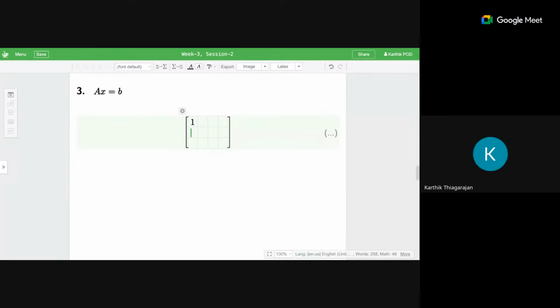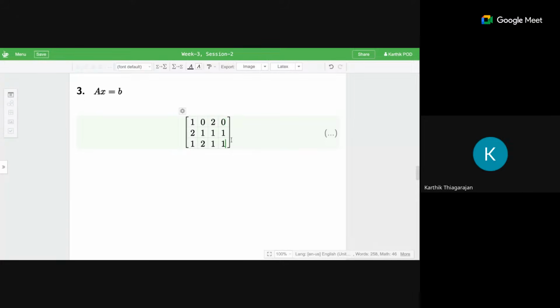So Ax equal to b. We'll do the whole thing for this matrix. I don't want minus signs, since minus is confusing, so I'll just say this is 0, 1, 2, 0, 1.